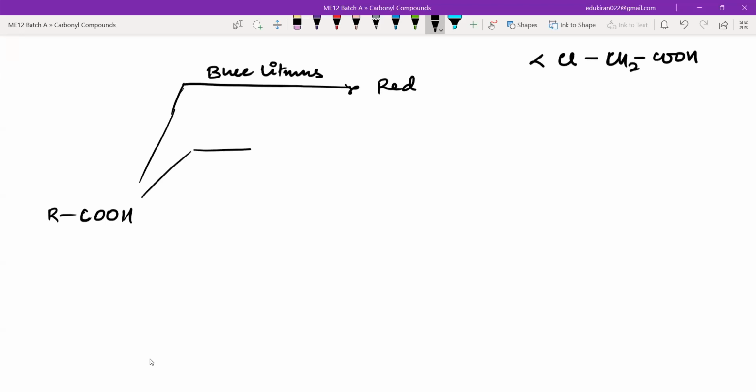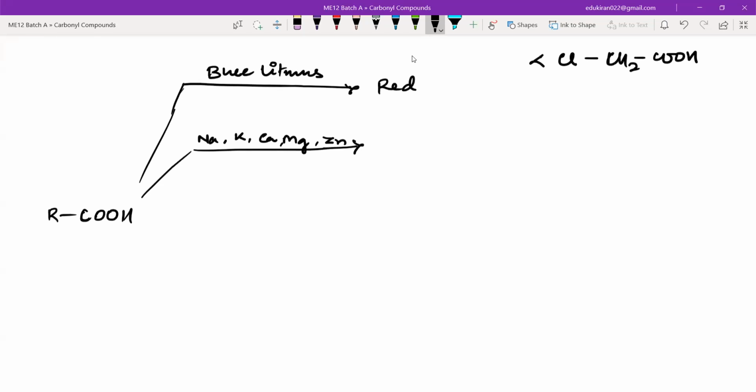Next is reaction with metals. Metals such as sodium, potassium, calcium, magnesium, zinc, etc. These are some common metals which react with carboxylic acid. And what do they form?